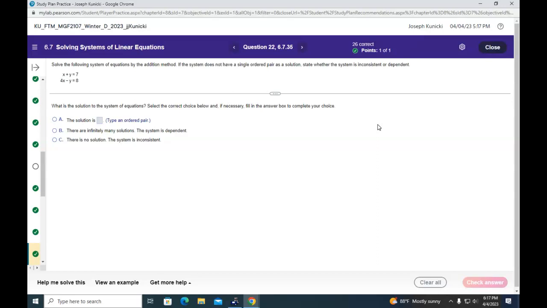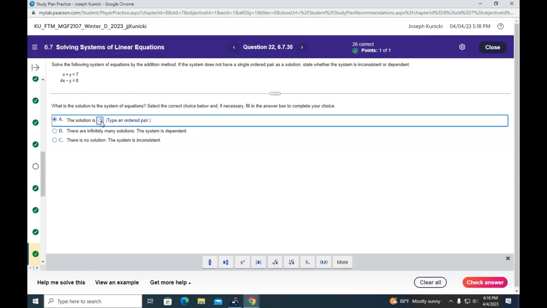Don't use substitution. I think they're both valuable at times. It all depends on how the problem's written. This one's set up. You either look for opposite signs, and then you can always change the coefficients, which is coming up, or you look for the same coefficient and you can change the sign. So either way. So for this one, the solution was 3, 4.